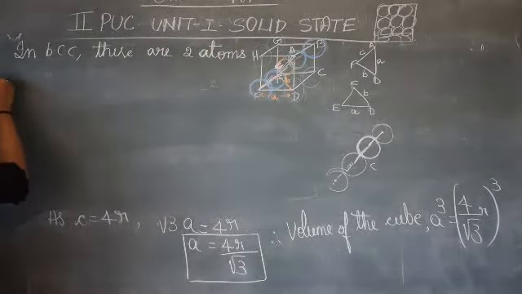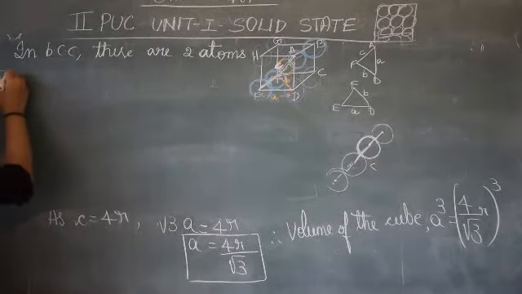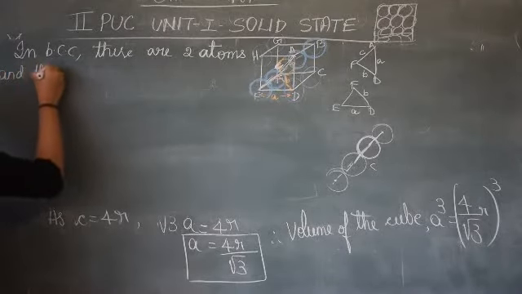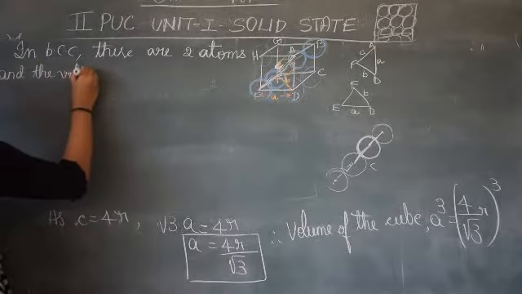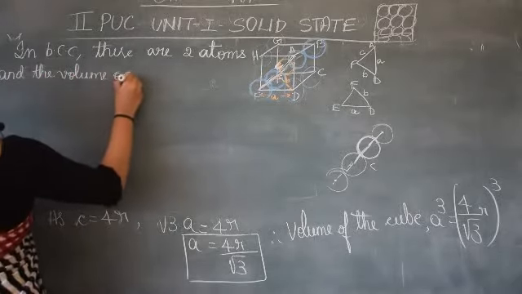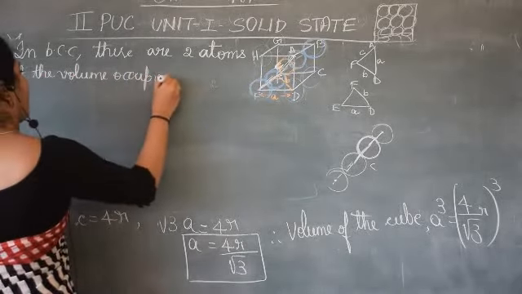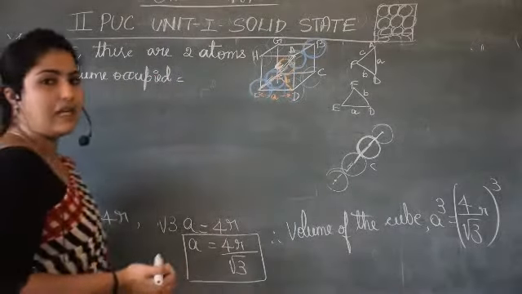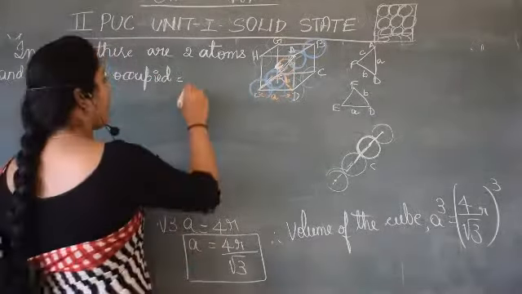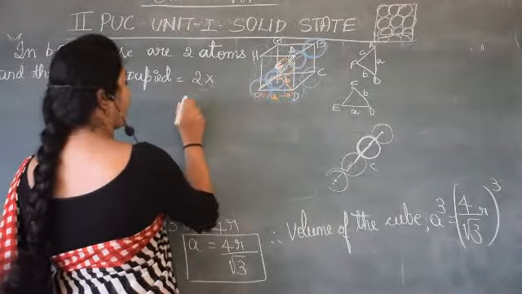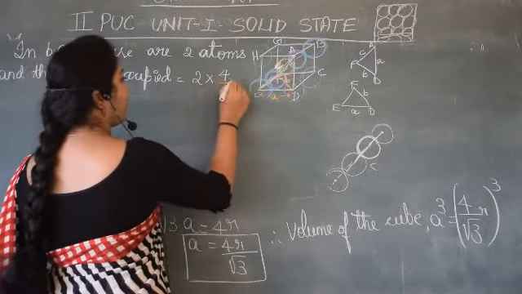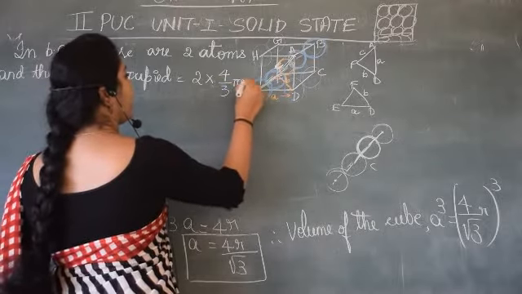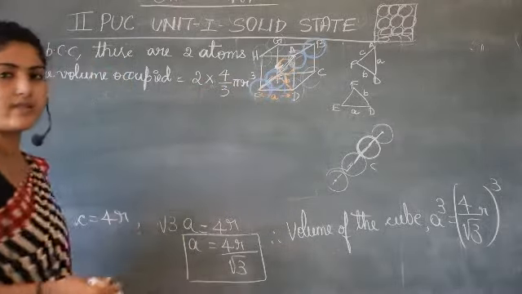There are 2 atoms and the volume occupied is, so 2 atoms will occupy a particular volume. What is the volume of the sphere? 4 by 3 pi r cube. So 2 into 4 by 3 pi r cube. Hope this is also clear.